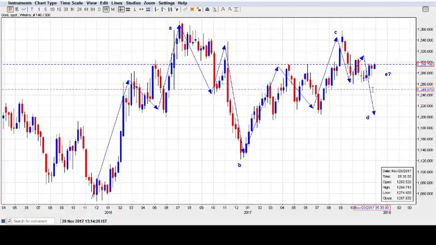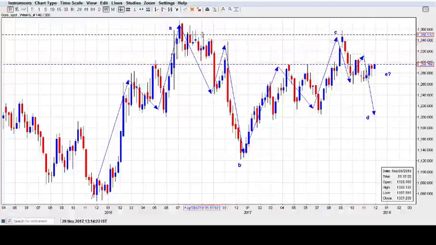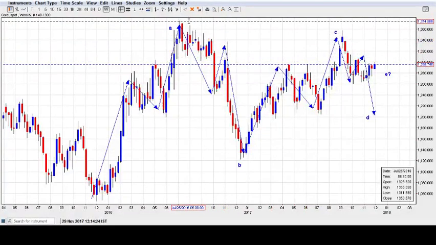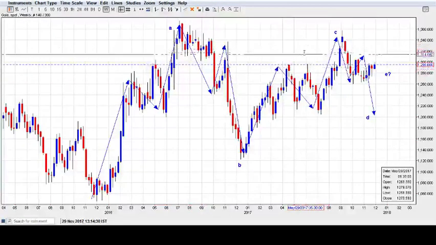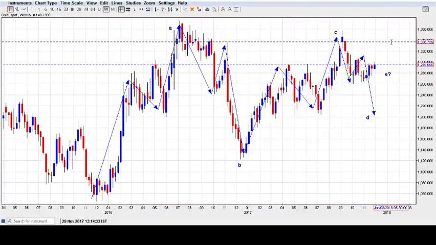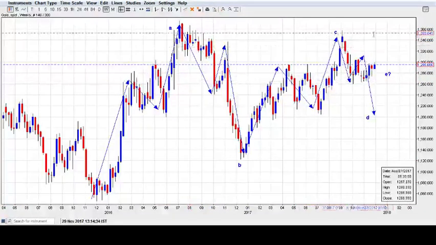We were expecting a break above 1374. If that had happened, then we would have targeted 1420, 1450 levels, but that is not happening right now.